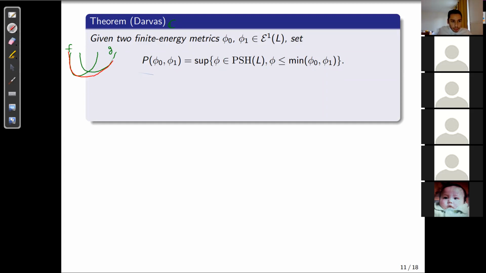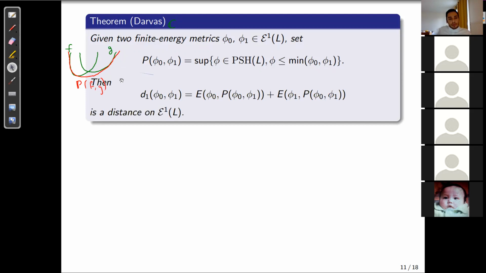So you will excuse my poor artist skills here, but this would be the envelope of F and G. So this would be the convex envelope, and you have to imagine the same, but for PSH functions or metrics. And so we are going to use this envelope to define our distance.